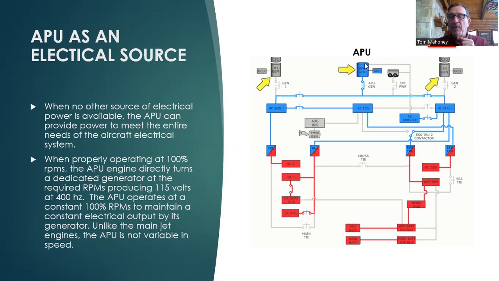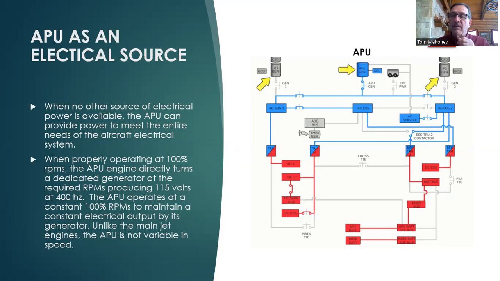When the APU is operating and the main engines are not operating, the relay attaching the APU generator to the cross ties carries the electrical power over to AC bus number 1 and AC bus number 2, where the electrical power is distributed throughout the electrical system.